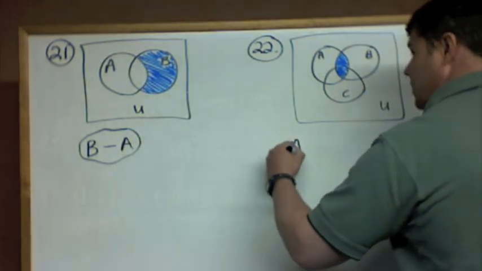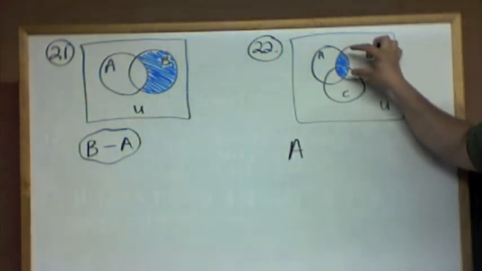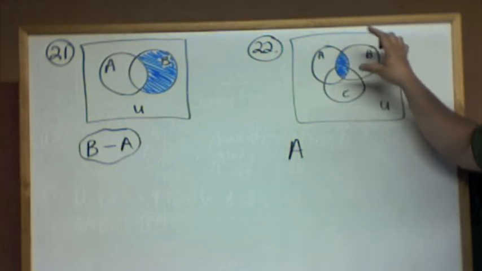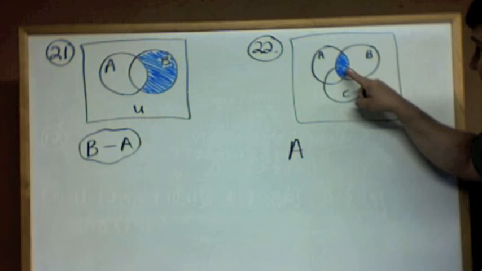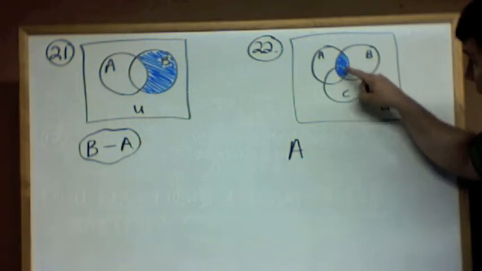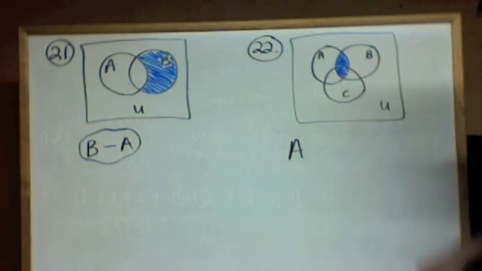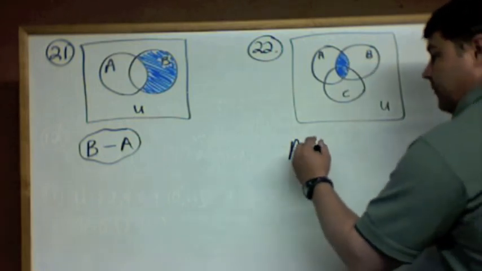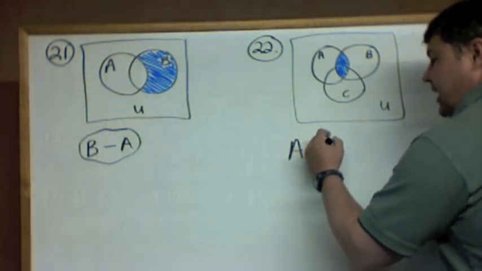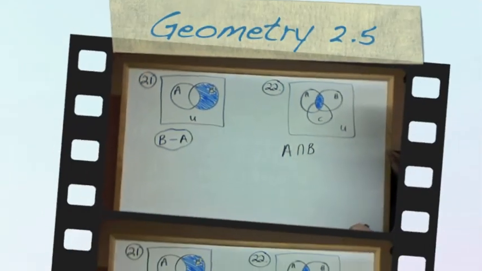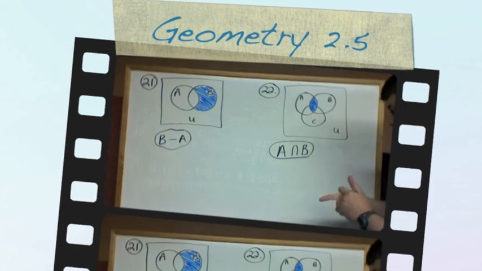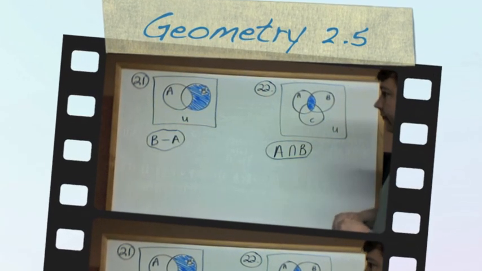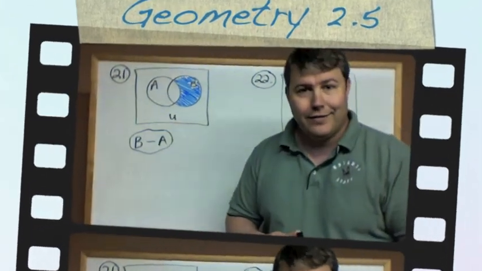So I want stuff that's in common between A and B. If I said everything in common in A and B and C, it'd just be this little spot here where my finger is. But I want all of this, so I just want the things in common between A and B. That is A intersect B. And that is my answer for number 22. All right, Venn diagrams.